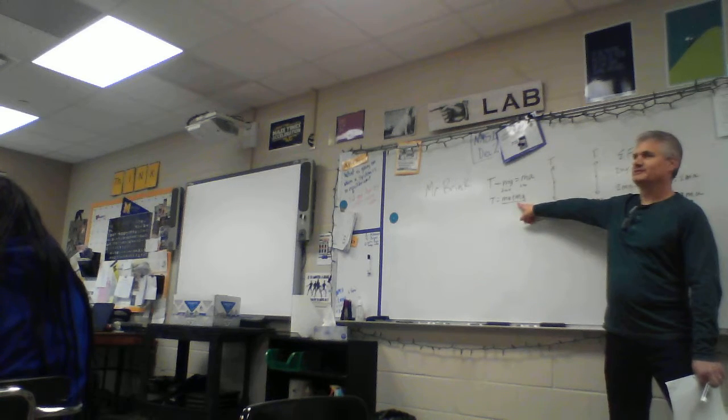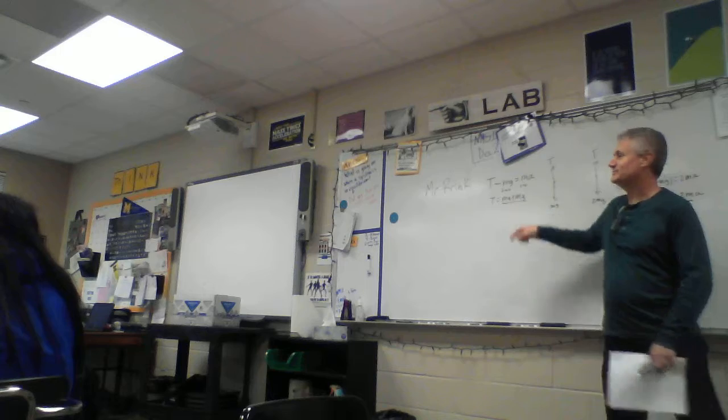Remember, I've already done all this work, right? So, in all this stuff that I've done, what's the easiest place to find the tension? Sorry, it's already T equals this, right?